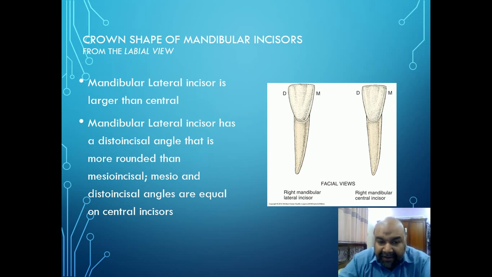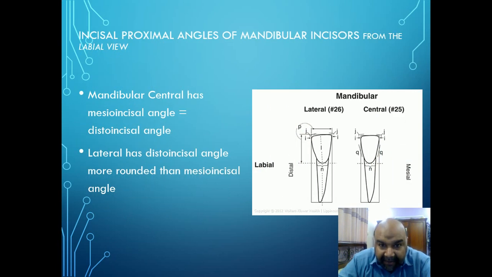Another important feature is that both the mesioincisal as well as the distoincisal line angles are almost equal. But in the mandibular lateral incisor, the distoincisal line angle is slightly rounded, while the mesioincisal is much sharper. So this is another distinguishing characteristic of the mandibular central incisor as compared to the mandibular lateral incisor.